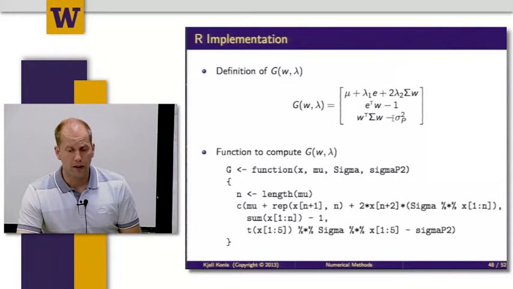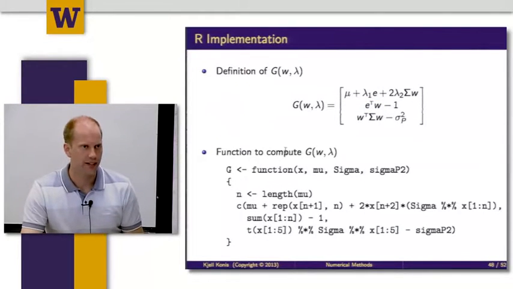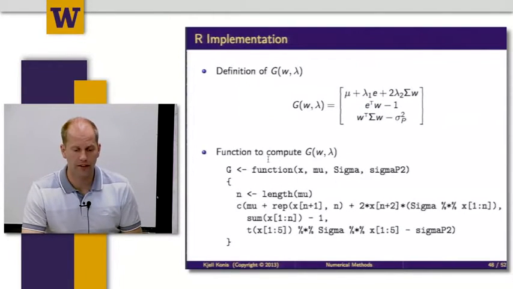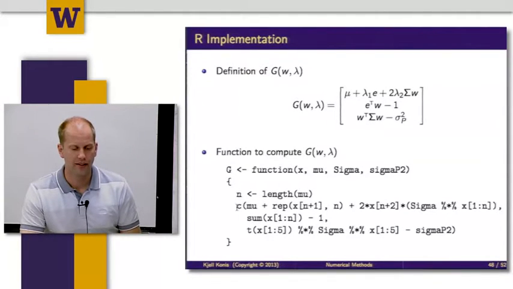And all I'm going to do is just evaluate these 3 pieces one at a time and put them into a vector and then return that. So that's all the function g is going to do, just return the vector value of this function g.